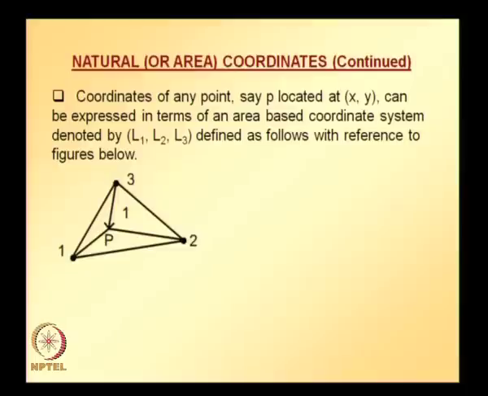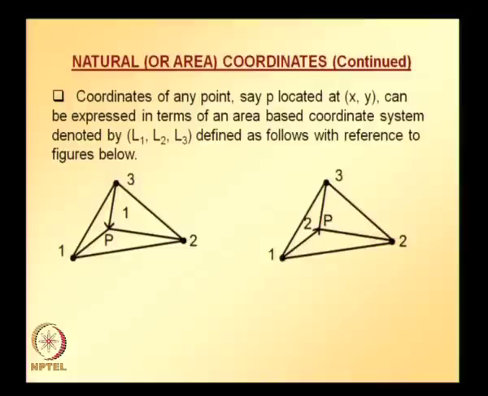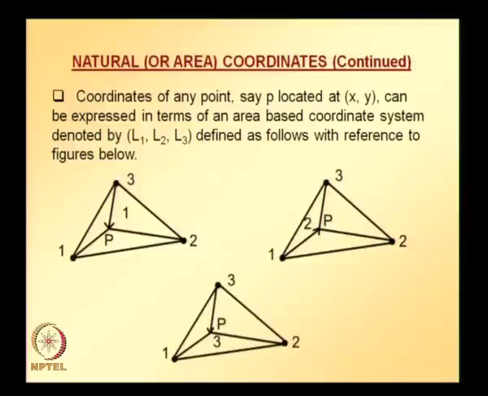I hope you understood what is area opposite to node 1, which is clearly denoted with 1 in the figure, and similarly area opposite to node 2 is denoted with 2, and area opposite to node 3 is denoted with 3.